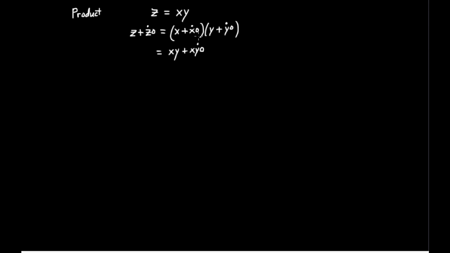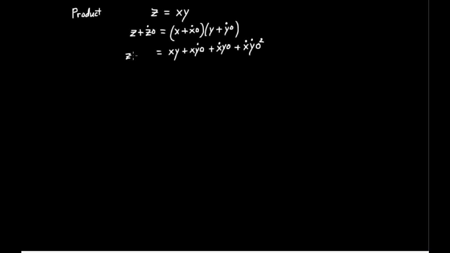And next, I'm going to write it in the order x dot times y times o. So that's x dot y times o. And then my final term, that's going to be x dot times y dot times o squared. So it's x dot y dot o squared.